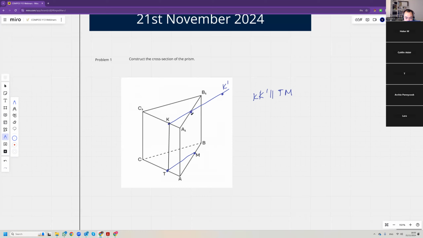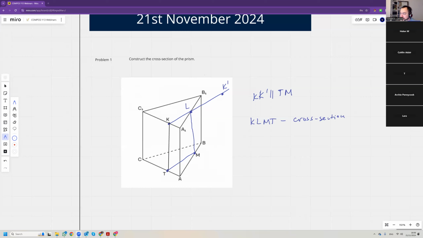And then you join that point with M. And let's call this TML. So KLMT is the cross section. I hope that makes sense. So this is one of the ways you construct a cross section.